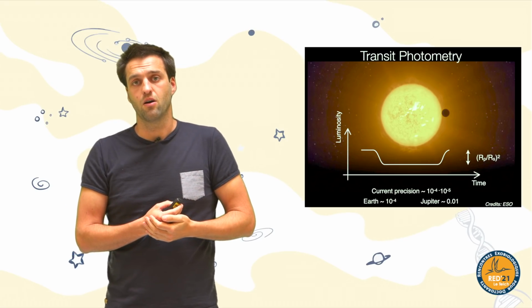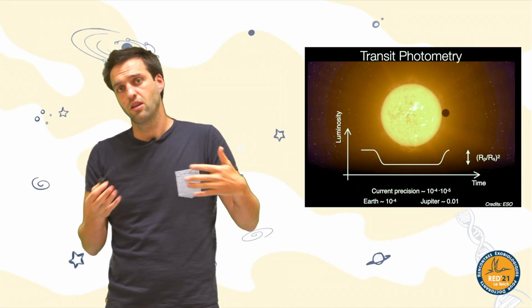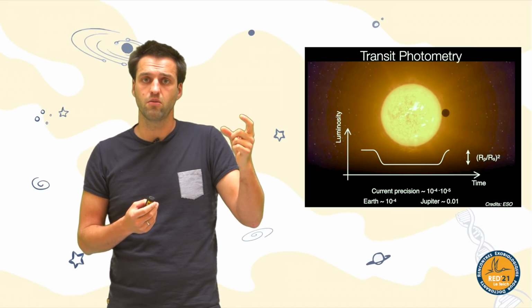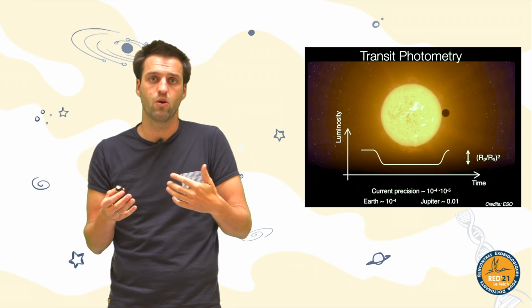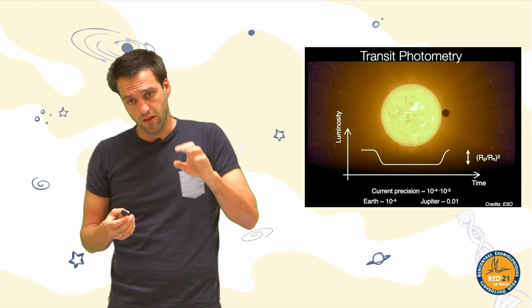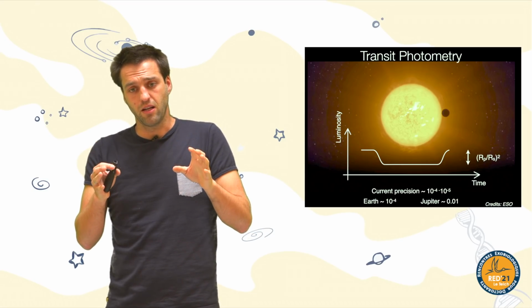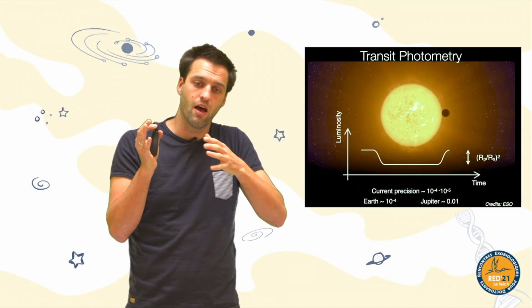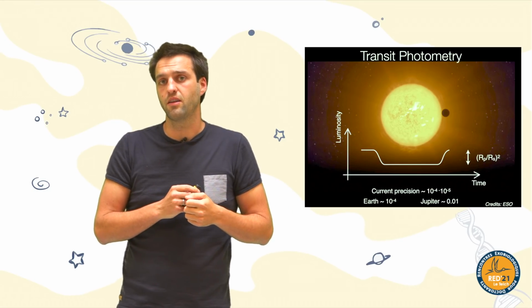Jupiter is much bigger. It's 10 times bigger than the Earth, give or take, and 10 times smaller than the Sun. So it means that the area ratio is about 1 in 100. So basically, Jupiter is much easier to find than an Earth.